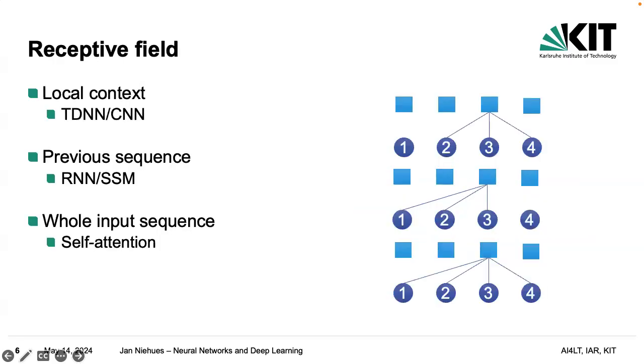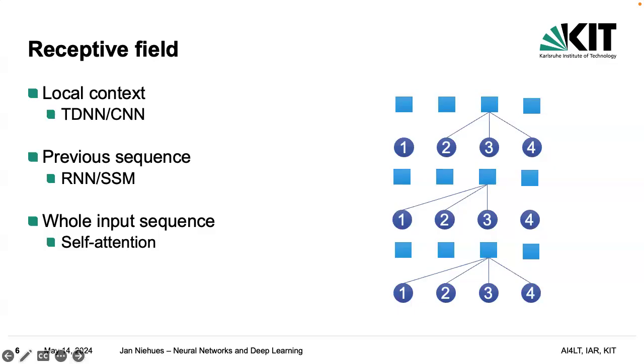And one important difference, of course, is the type of receptive field they have. So what influences our current hidden state? If we're looking at the TNN and CNNs, then we are only influenced by a local context, so by everything around that, but it's a fixed size local context. It can be very large, depends on how you define it, but it's always clear that you have some type of fixed size.